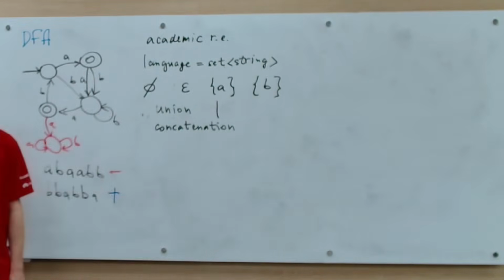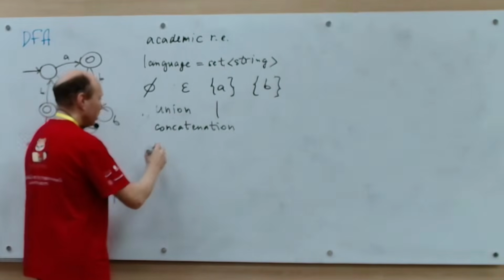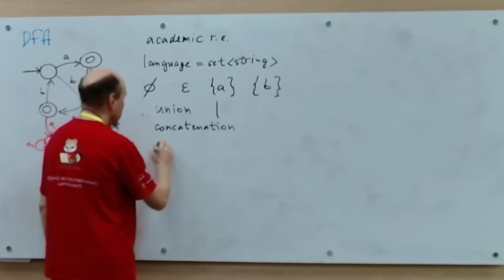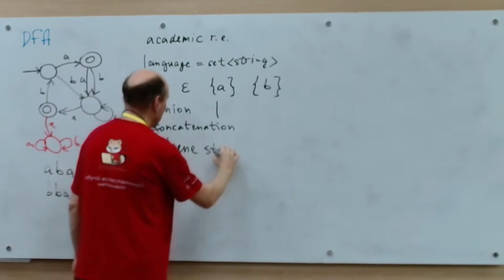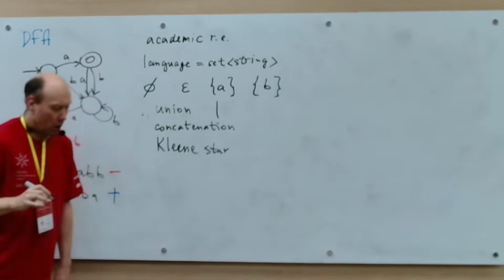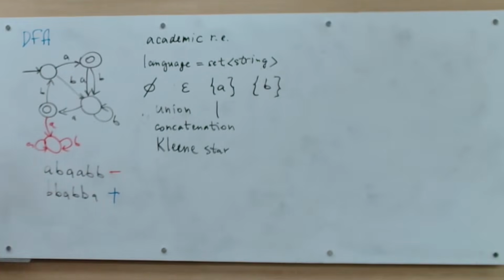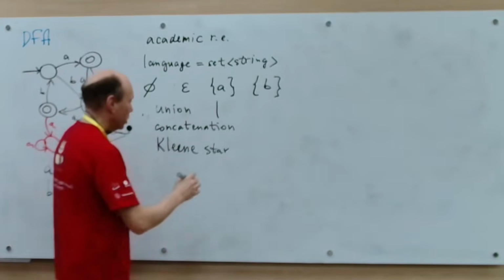Concatenation is, as usual, denoted by nothing, so you just write the strings that you want to concatenate one after another. And the third is called the Kleene star, and it's denoted as a star.